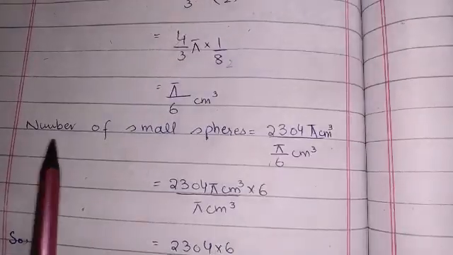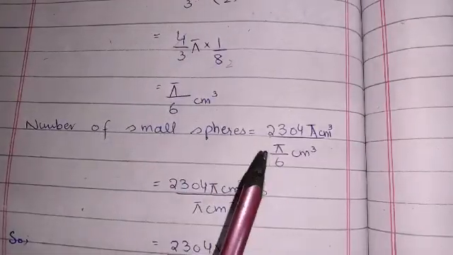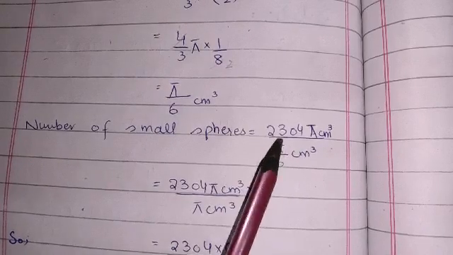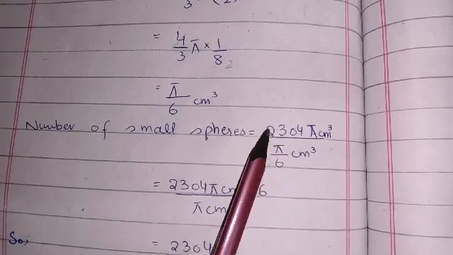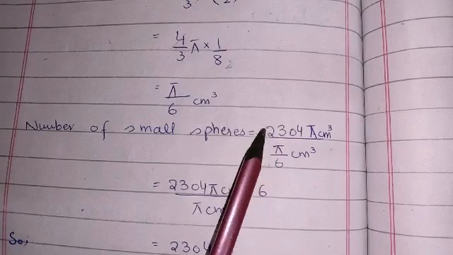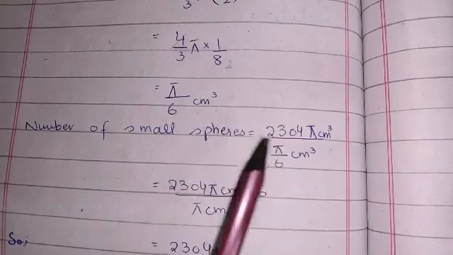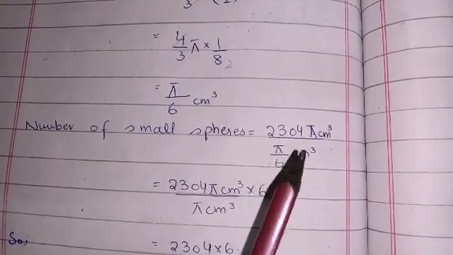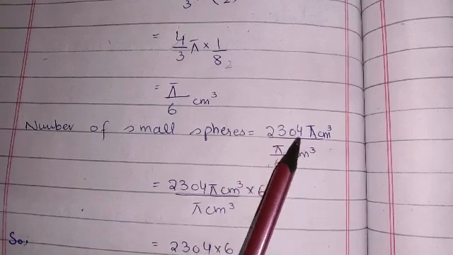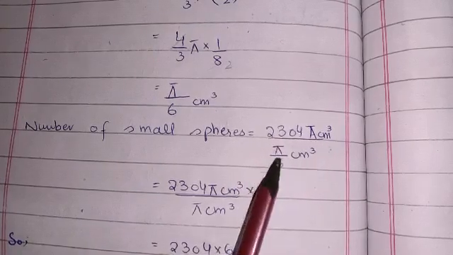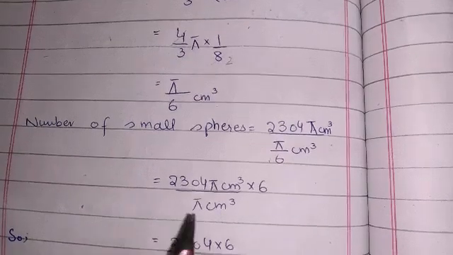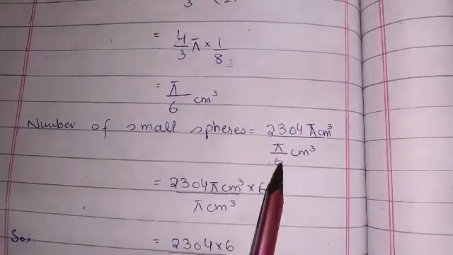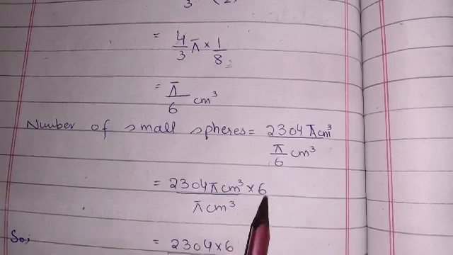Students, to find the number of small spheres, we will divide the volumes of both: the first which we found earlier, and the second of the small sphere. Now students, we will write 2304 pi centimeter cube over pi over 6 centimeter cube. Here you can see that pi is in the denominator. We will bring it to the numerator.